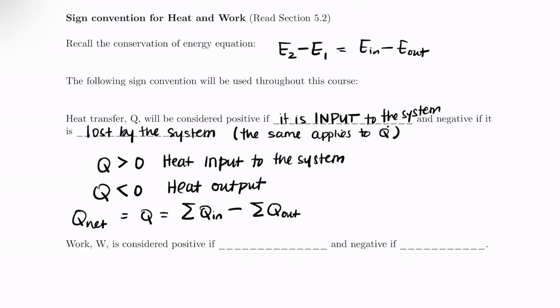All right, so in this formulation, if I draw a system, so this is our system, and we have Q out and two Q ins.